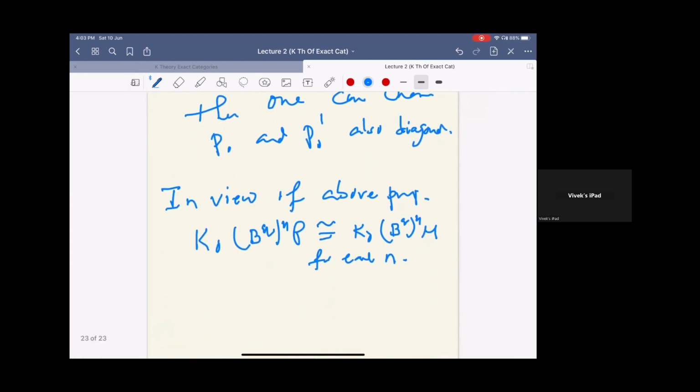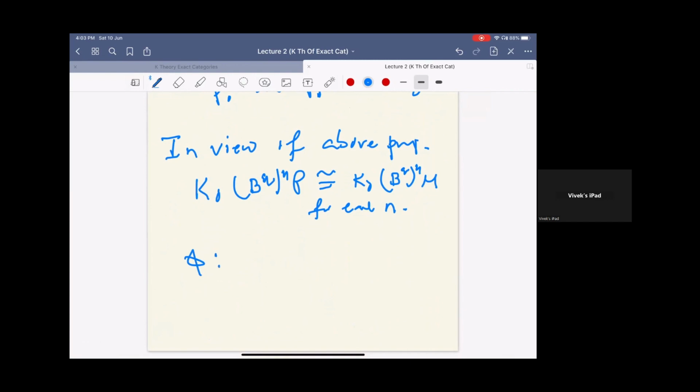So remember the inverse map, how was this inverse map defined? At the K0 level, K0 M to K0 rho, M is sent to P minus P prime. So if M was diagonal, then this is also diagonal, both are diagonal. So the class goes to 0. So in fact this isomorphism also respects the modulo part.